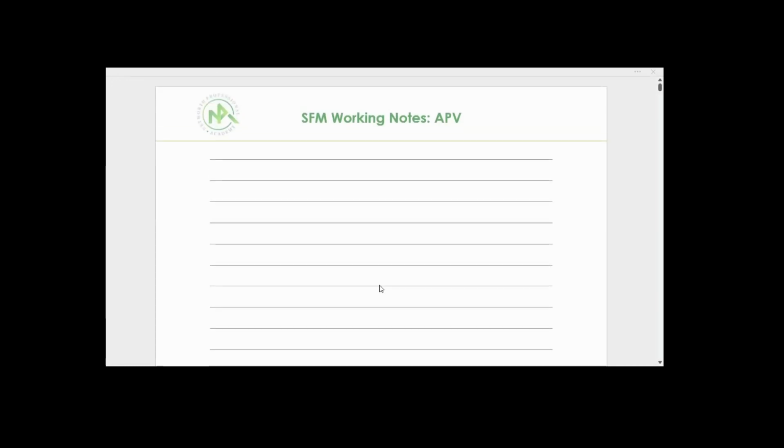Thank you. So calculating adjusted present value. When you want to calculate adjusted present value, there are basically 4 procedures you are supposed to carry out.